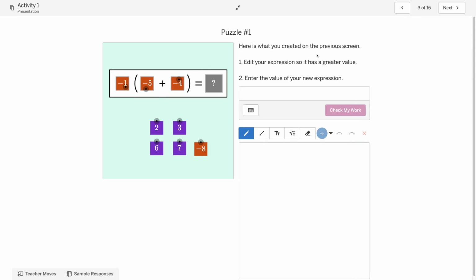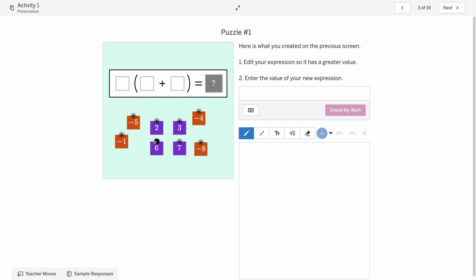So it says here what you created on the previous slide. Edit your expression so it has a greater value. Enter the value of your expression. So I want this to be larger than the 9 that I created. Thinking about what do I want to do with the numbers to get this to be larger than 9? I definitely want to get a positive answer again.